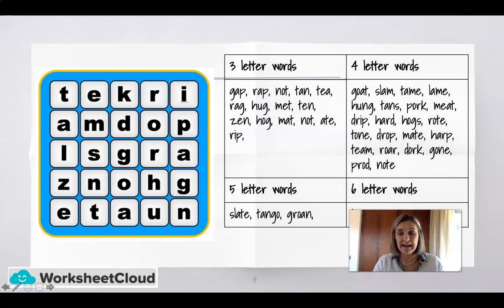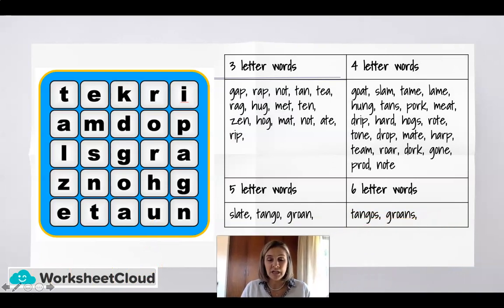Right, these were the ones I found. So I found 3-letter words: gap, G-A-P. Wrap, R-A-P. Knot, N-O-T. Tan, T-A-N. Tea, T-E-A.